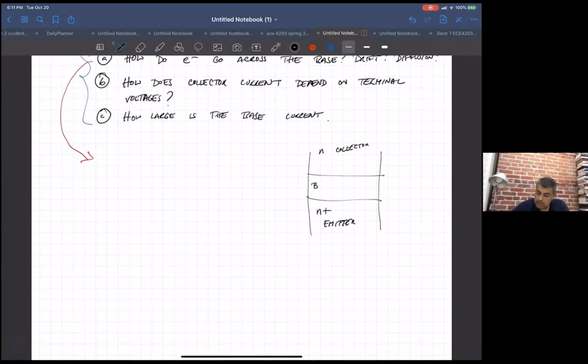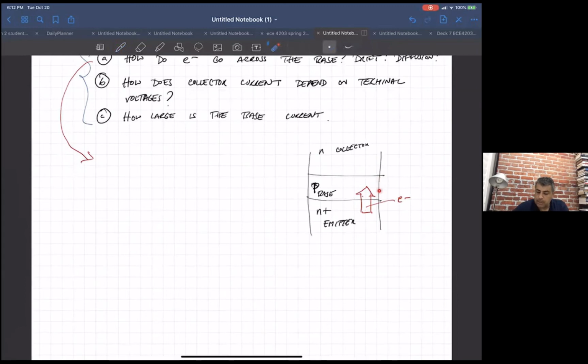And this is the P of the base. So the question is, how do these electrons get from here to get swept away? We know they come from the emitter to the base by diffusion. We know they go from the base to the collector by drift, because there's an electric field there because it's reverse bias. But how do they get across the base?